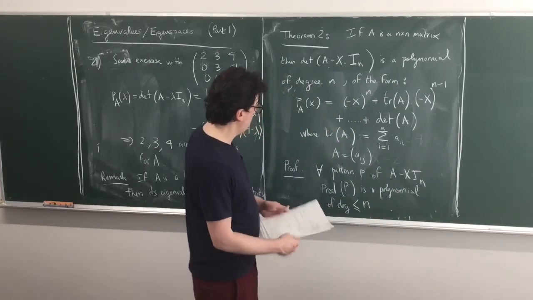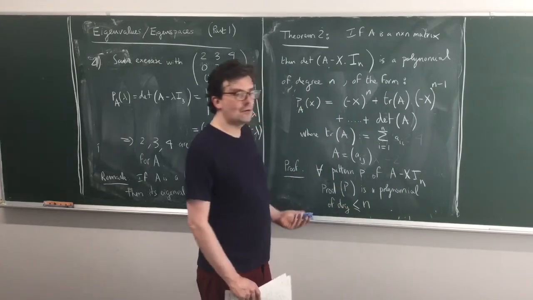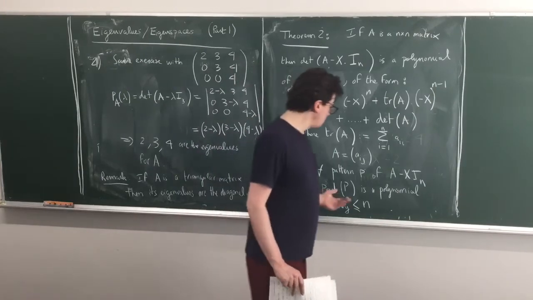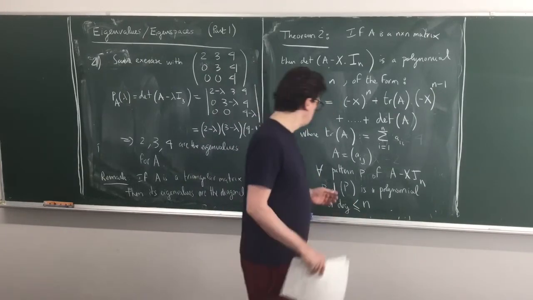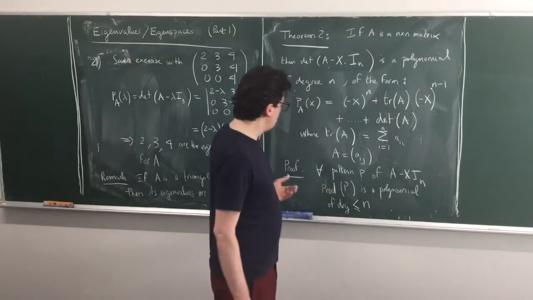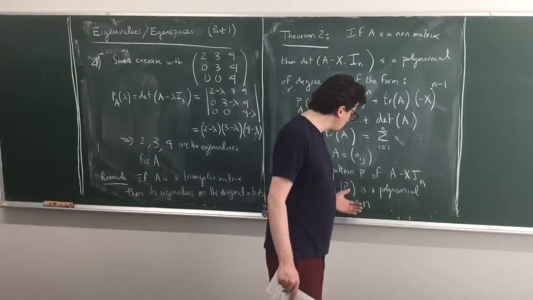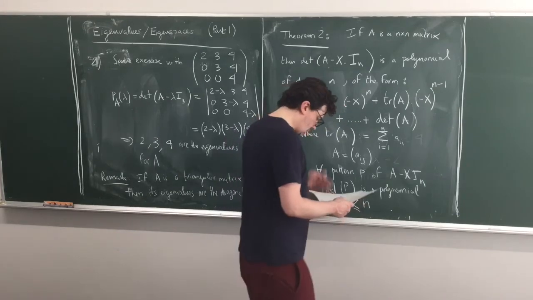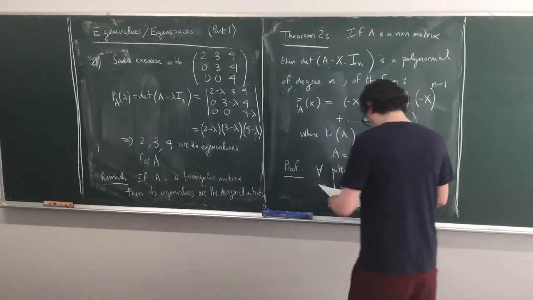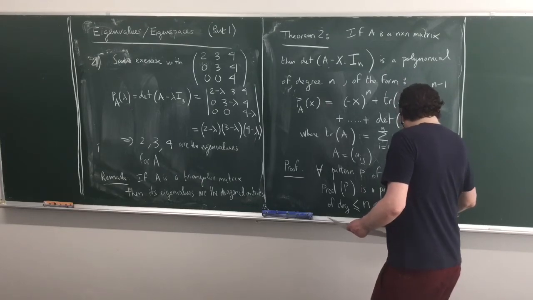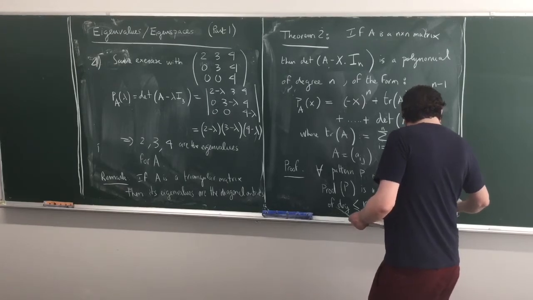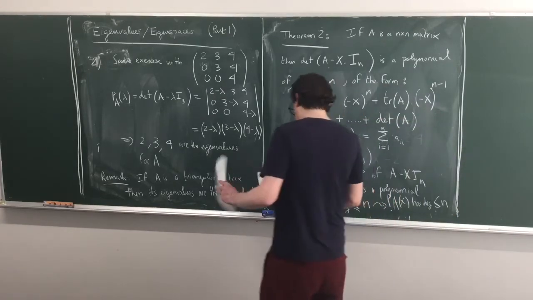You remember the pattern is a choice of n entries, and so when you multiply these terms, you will have at most a polynomial of order less or equal to n, which implies that the polynomial P_A of X has degree less or equal to n. This we are sure.